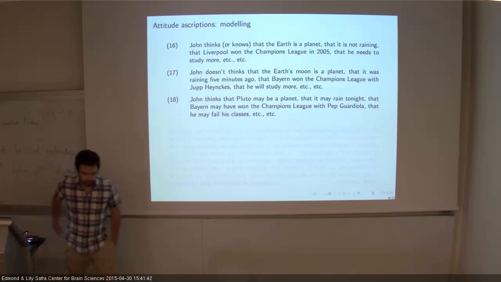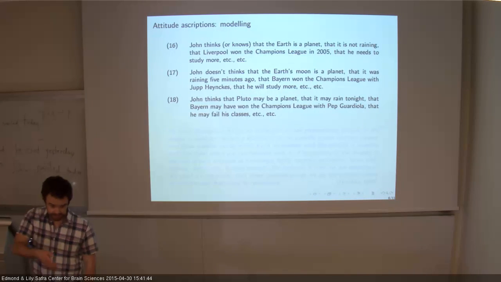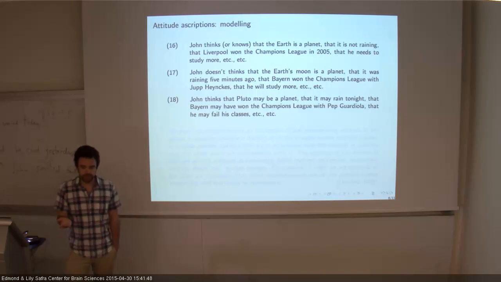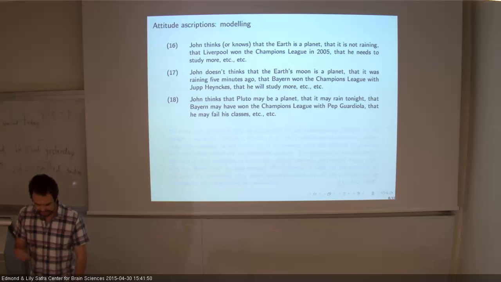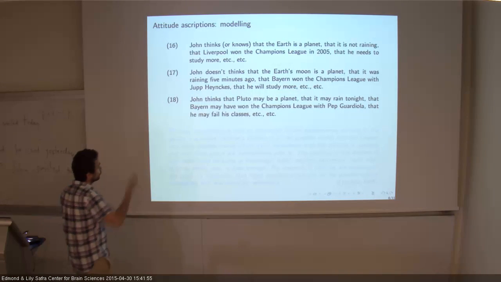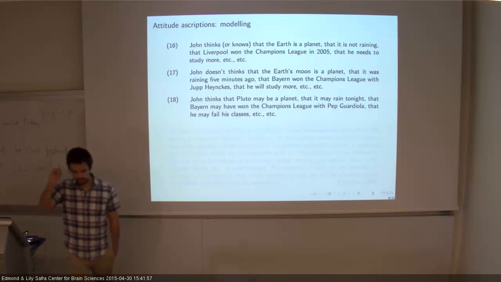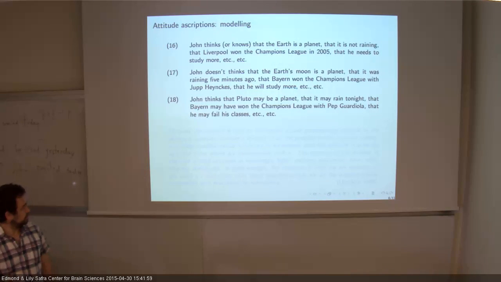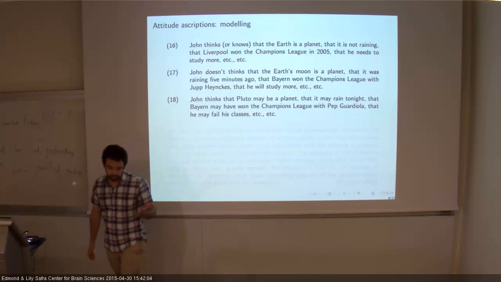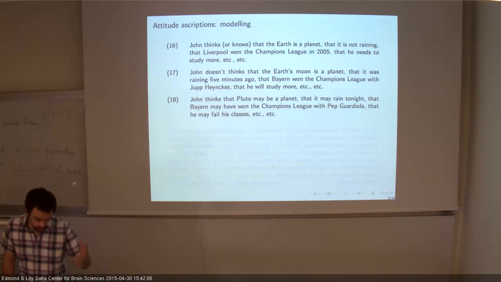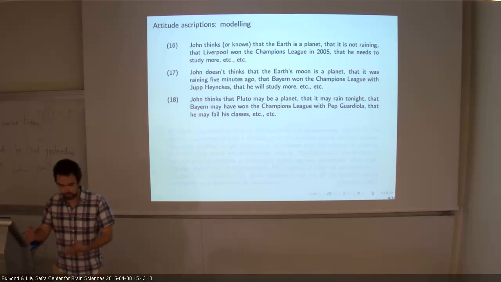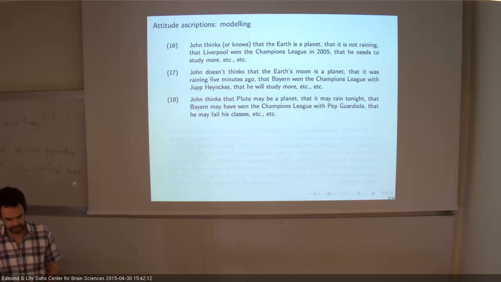But besides having this belief and having beliefs of something not being the case, you might also be a little bit less stringent with respect to other propositions. Although he thinks that the Earth is a planet, and thinks that the Moon is not a planet, he may allow for Pluto to be a planet, or not. He may think that it's possible that Pluto is a planet, given what my friend told me, but given what I know about Pluto's size, I think it might not be.